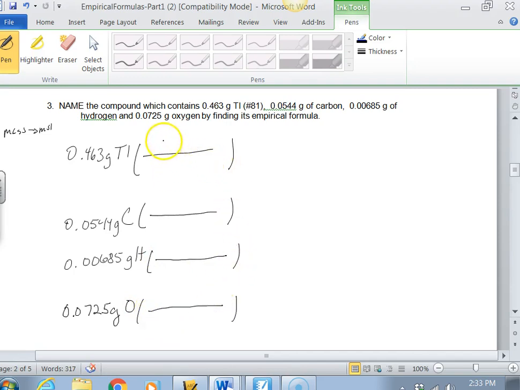All right, so 1 mole of thallium is 204.4 grams. 1 mole carbon, 12 grams. 1 mole hydrogen, 1.01 grams, and 1 mole oxygen, 16 grams.